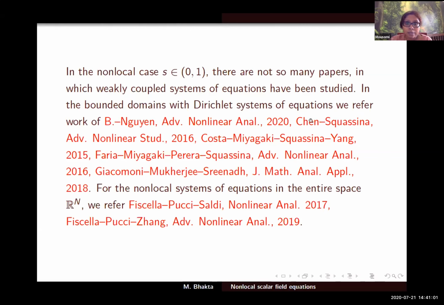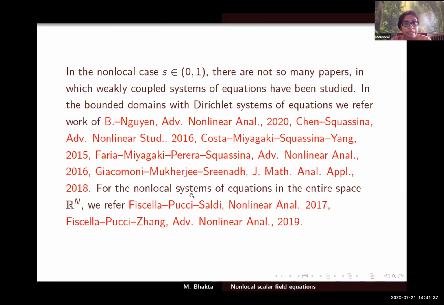Also, there are some very good papers in this direction for the system of equations in the fractional case. The fractional case with bounded domain was studied by Chen, Squassina 2016; Costa, Miyagaki, Squassina, Yang 2015; Faria, Miyagaki, Pereira, Squassina 2016; Giacomoni, Mukherjee, Sreenadh 2018. There, existence and multiplicity for such kind of problem are addressed for the bounded domain.